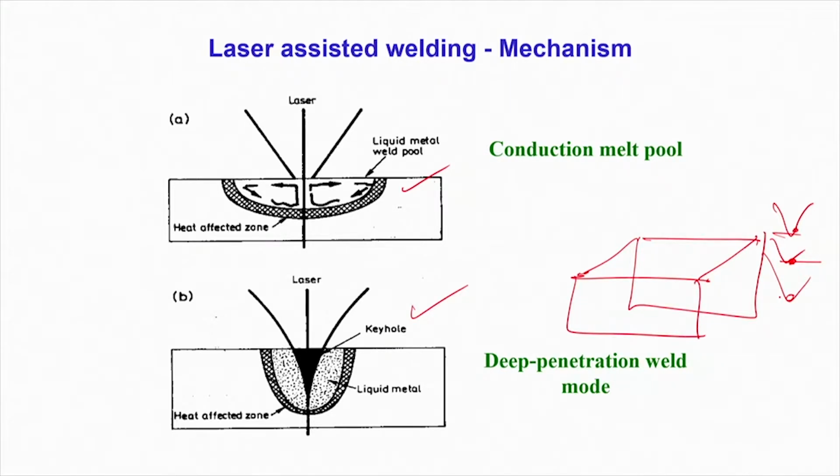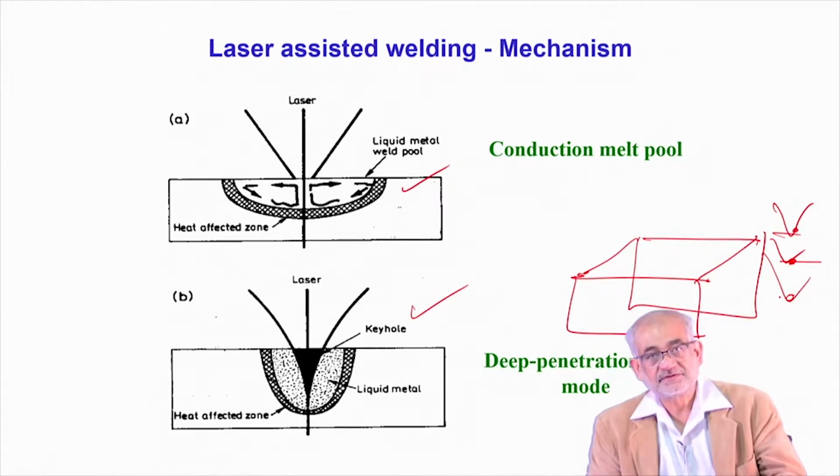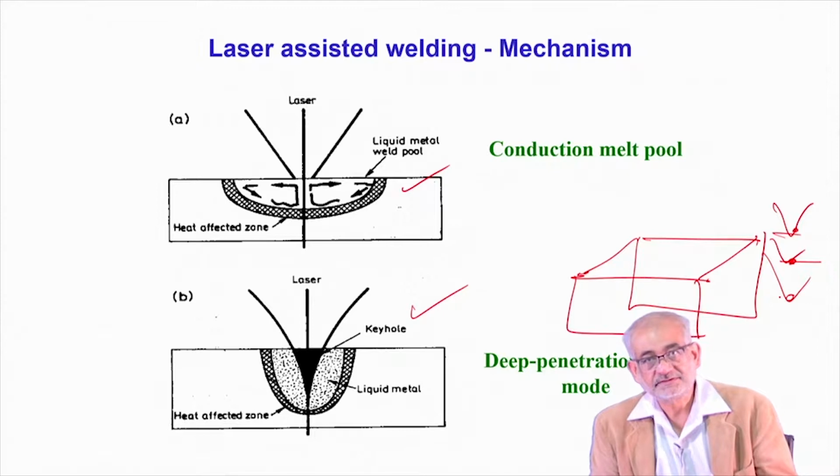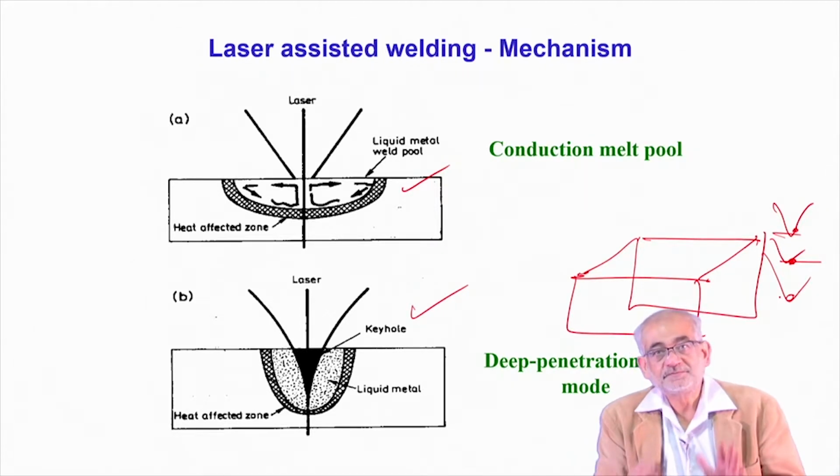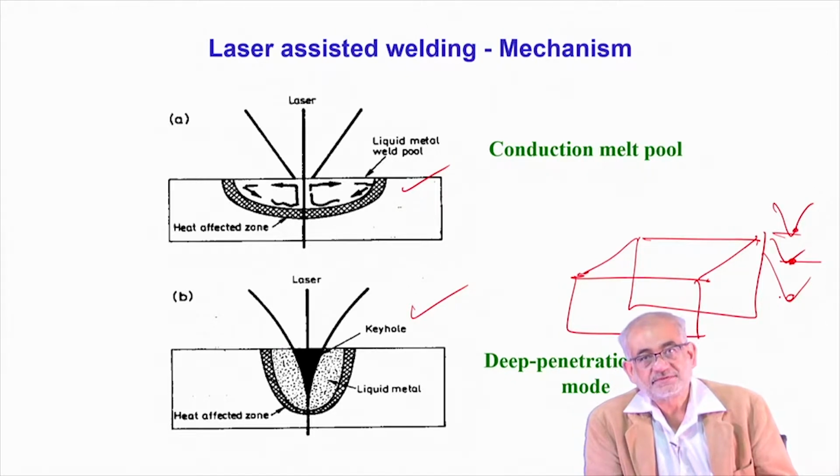Nevertheless, the advantage of laser-based welding is that you can do it in air. One of the biggest advantages of laser material processing is that you can work in a controlled atmosphere in a confined chamber, or if it's a non-reactive metal, you can easily do everything in open air.